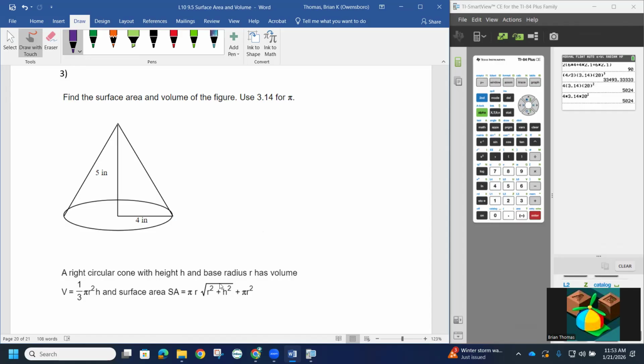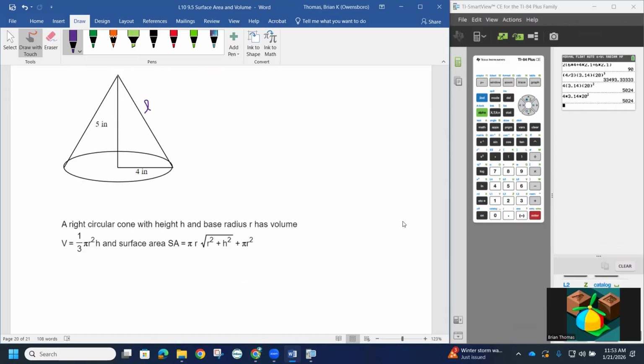Now remember, the square root of r squared plus h squared was actually the length. So since they didn't give us the length, they did give us, though, the height and the radius. So this here actually represents the slant height, if you will. So we don't have to actually find the slant height because we know the radius and the height. So there is no math really to do here except just substitute in.